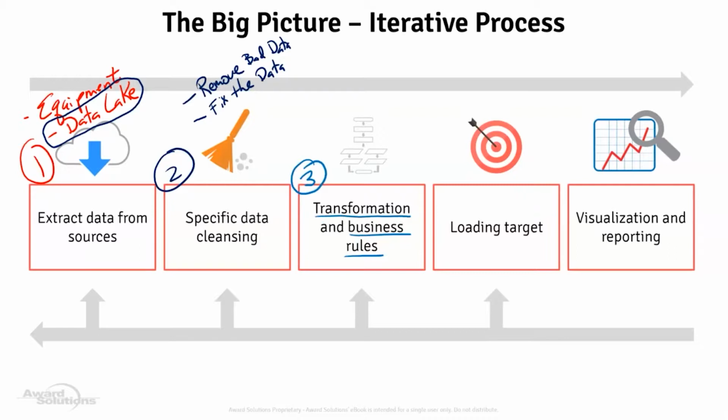Up to this point, I can write pretty generic code to do the extracting of the data and the cleaning of the data. I don't really need to be a domain expert.